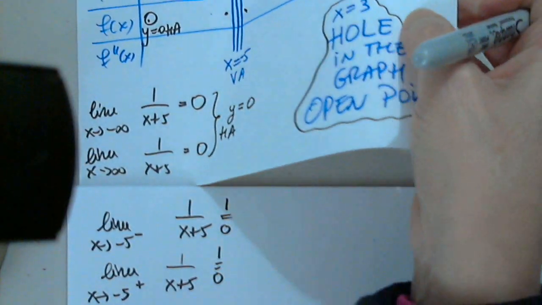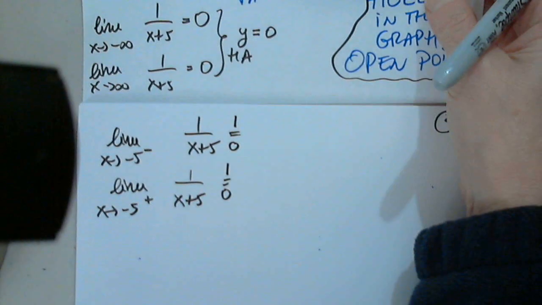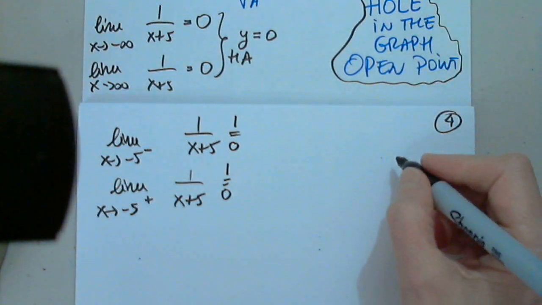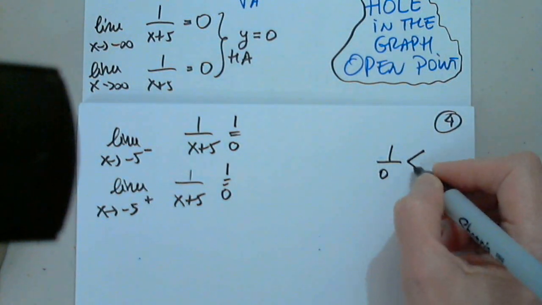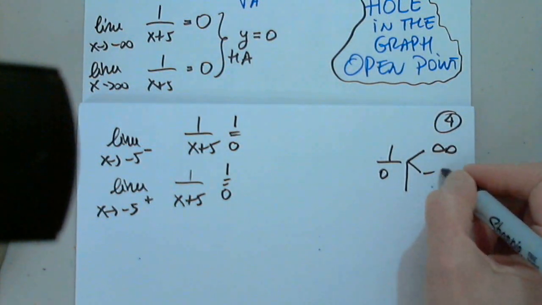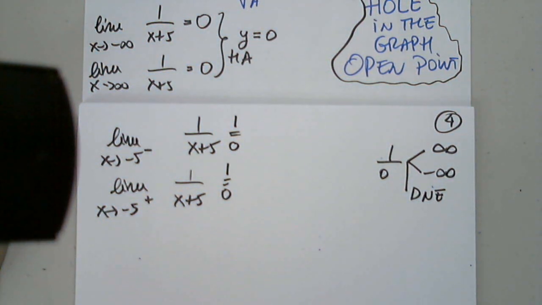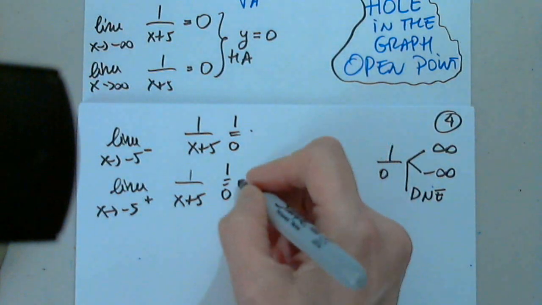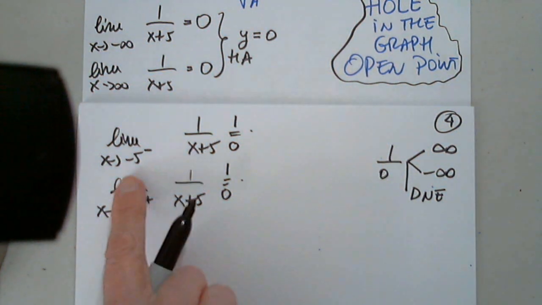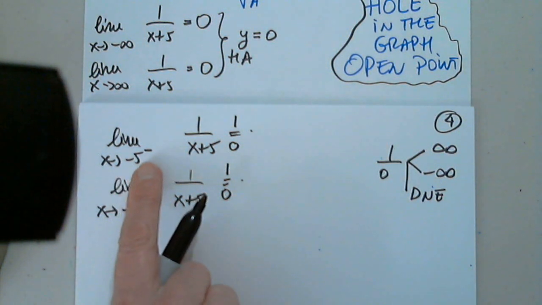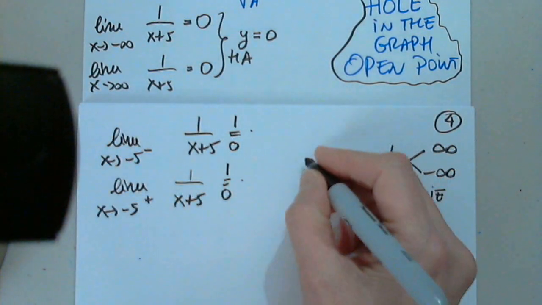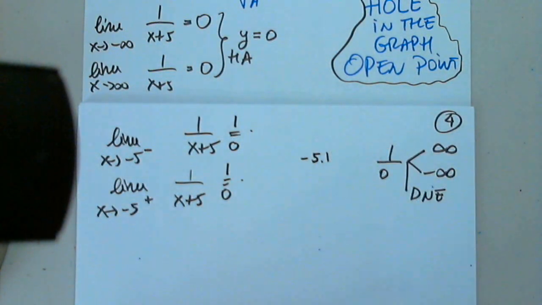And we remember there are three options for 1 over 0. So 1 over 0 has three options: infinity, negative infinity, or DNE. What is this one? Remember here, negative 5 from the left, so you will be using negative 5.1.